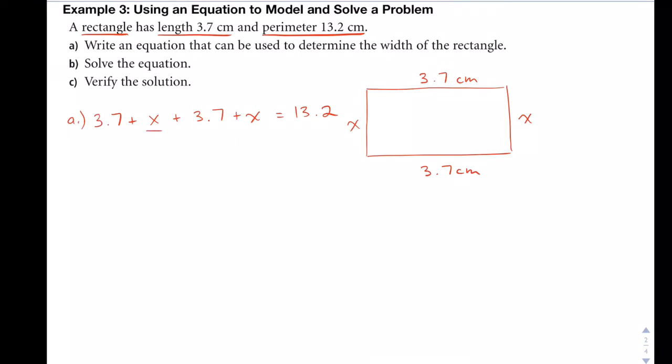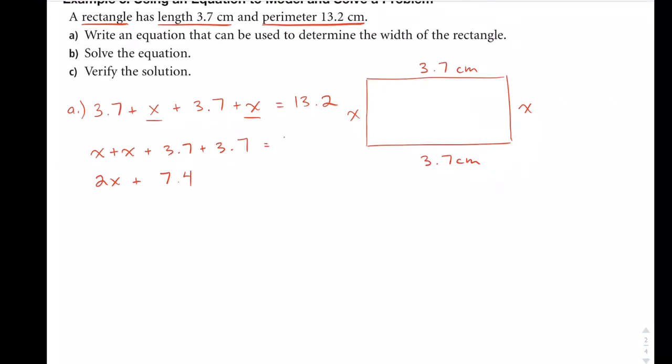We combine our x's together, so it's x plus 3.7 plus 3.7. So x plus x is simply 2x, 3.7 plus 3.7 is simply 7.4. So both of these are equal to 13.2. So that's A.